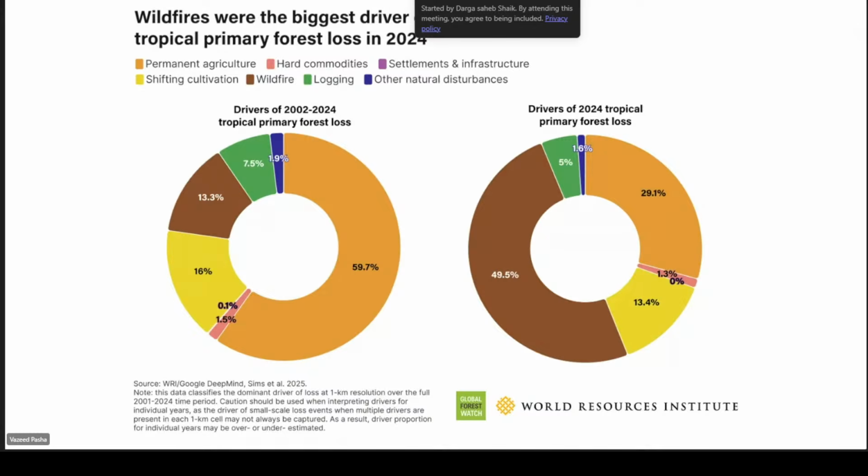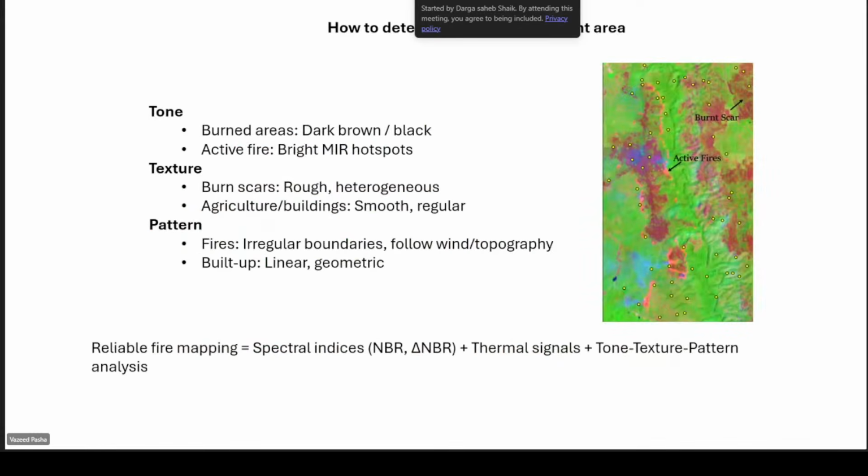Now coming to the Indian context, we can see how to detect vegetation fire or a burnt area. Before that, in layman's language, you should understand the satellite imagery. We should go through the remote sensing principles: tone, texture, pattern, and association.